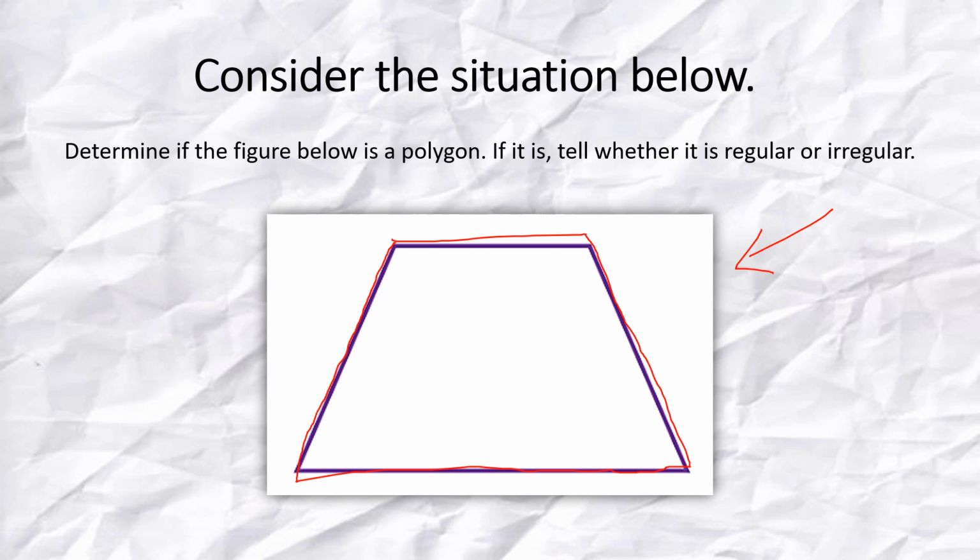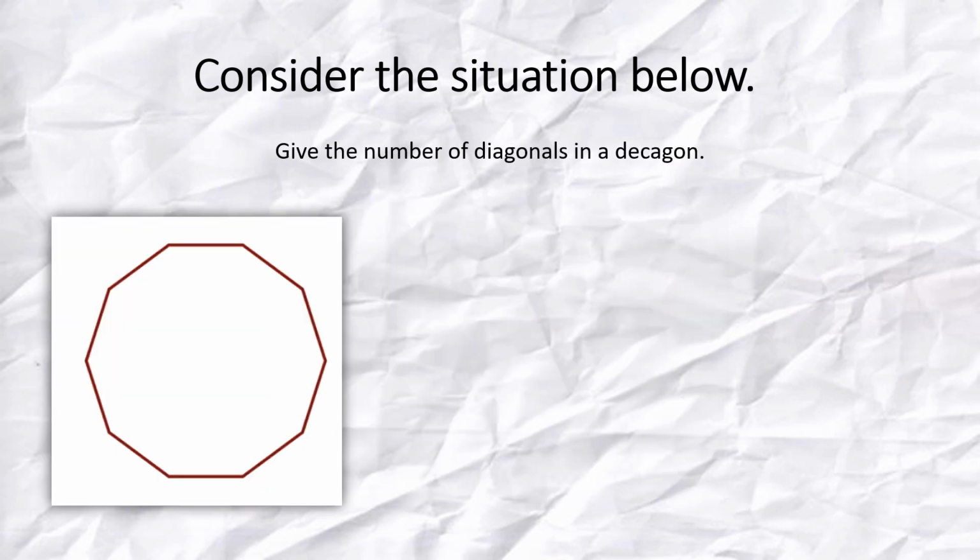It specifically has four sides or four edges, and it also has four vertices or four corners: 1, 2, 3, 4. We also have 4 angles. Thus, we can call it a quadrilateral. Since its 4 sides and angles are not congruent to one another, this quadrilateral is an irregular polygon.